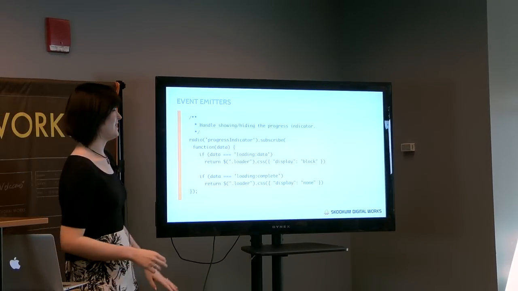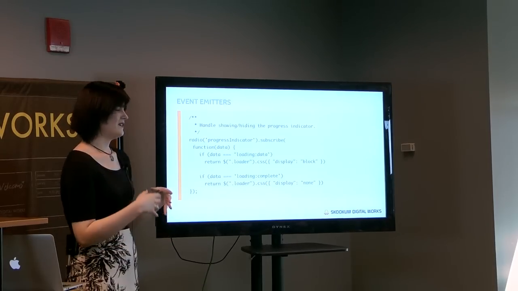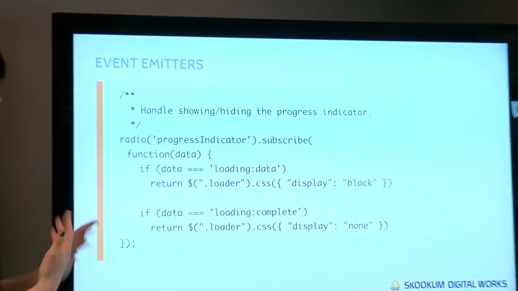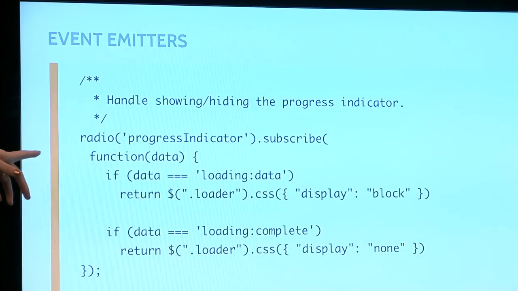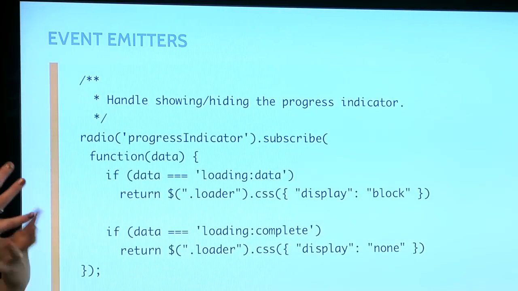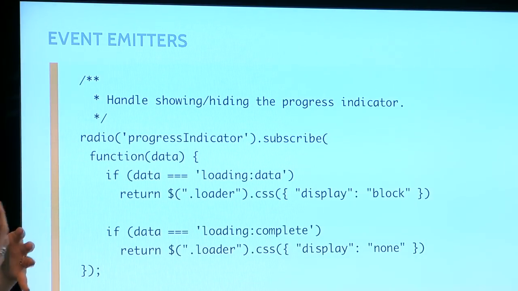And then also for stuff that's not observable, using an event emitter, like I use radio in this example, is really cool. So this is just to show and hide a progress indicator.